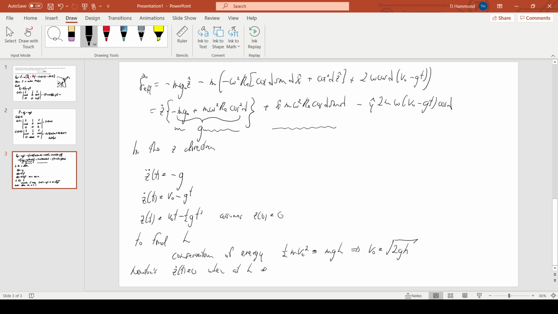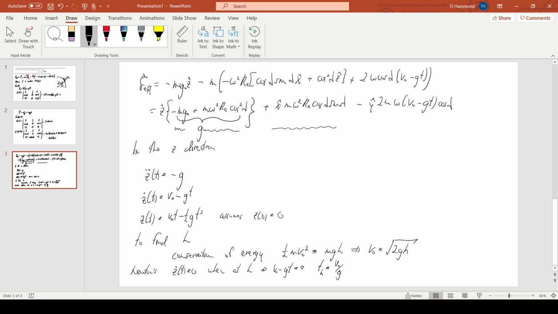And so that's telling us that we have v naught minus gt equal to 0, or we're at height h when we are at time v naught over g, when we don't have any friction.